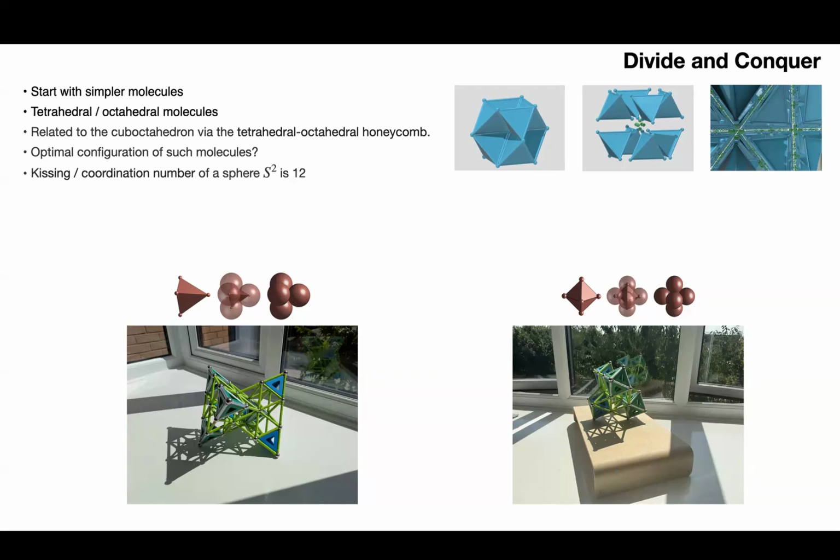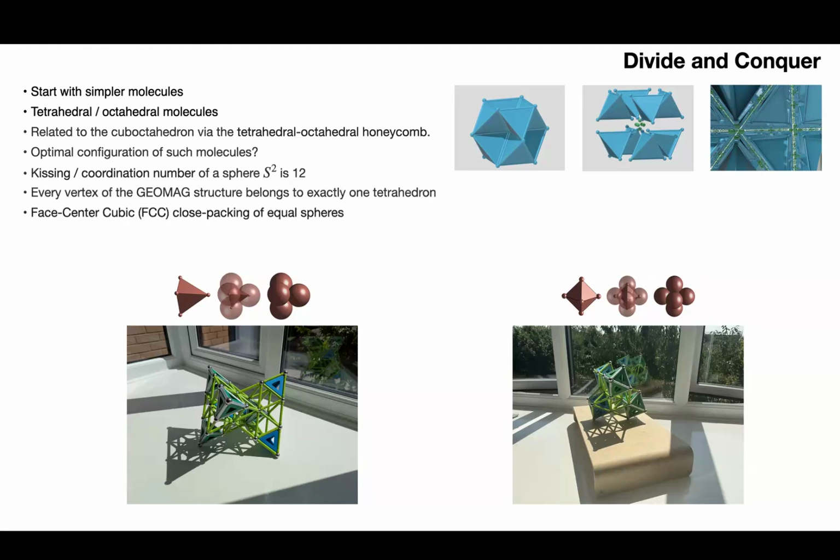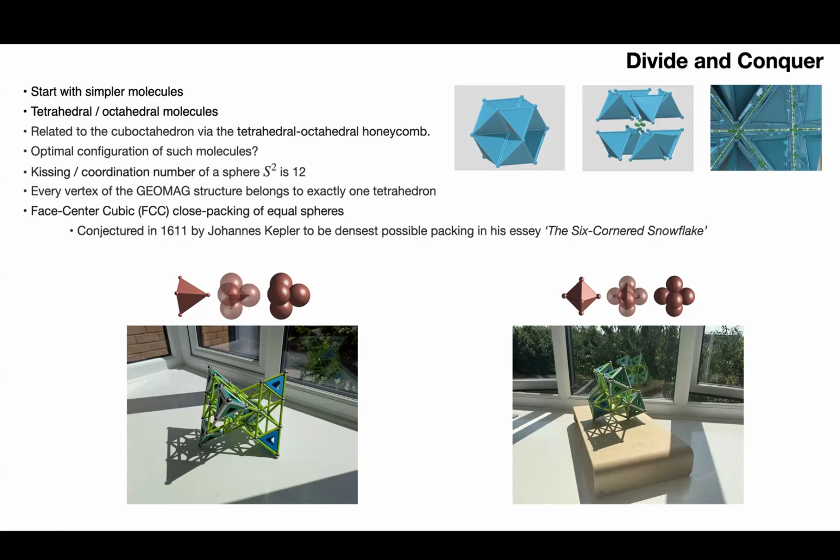This is the optimal. It's similar in the octahedra case. So we got the face-centered cubic packing of spheres, the old Kepler conjecture, which was proved by Hales 400 years later.